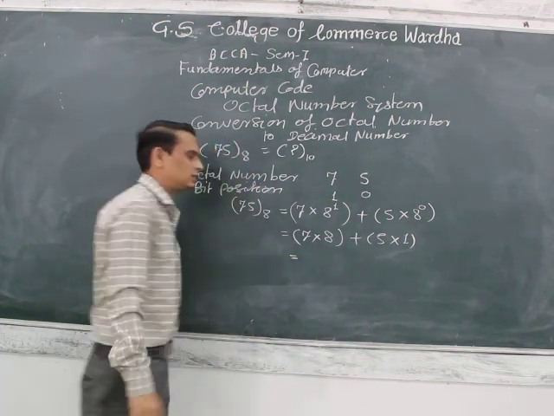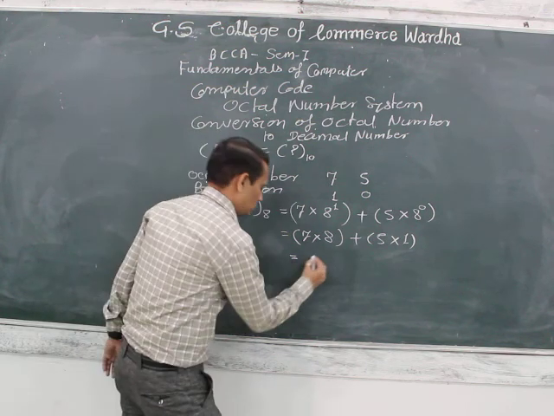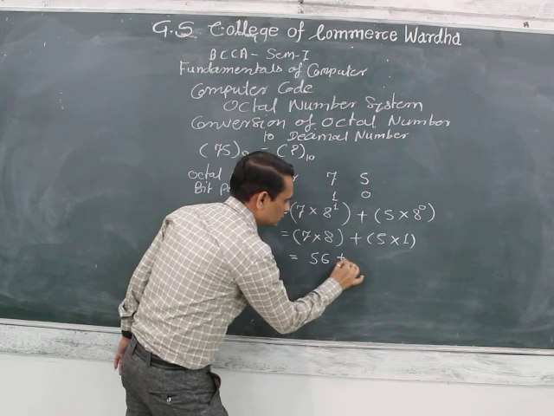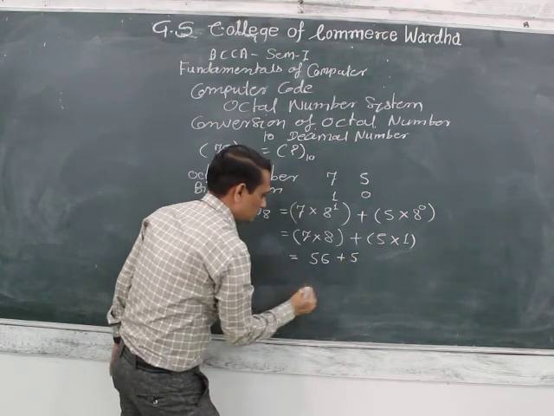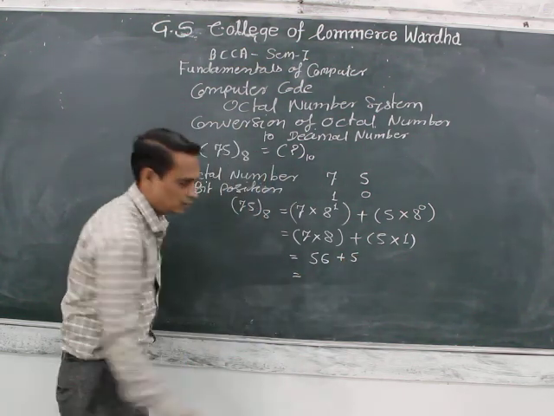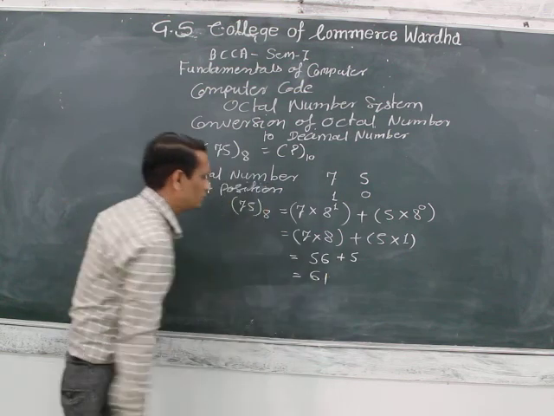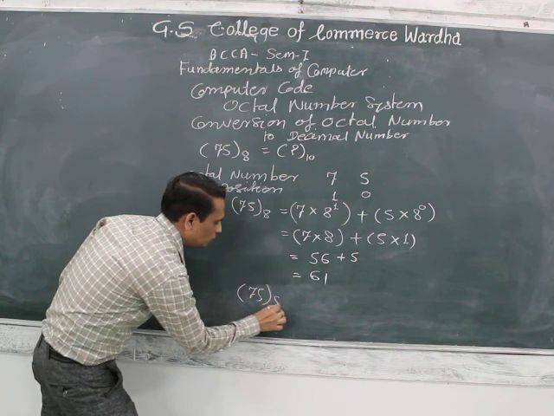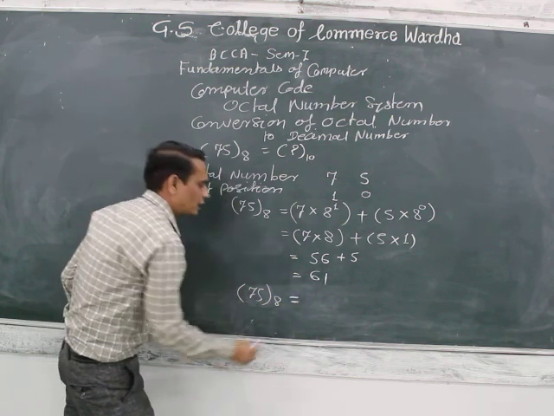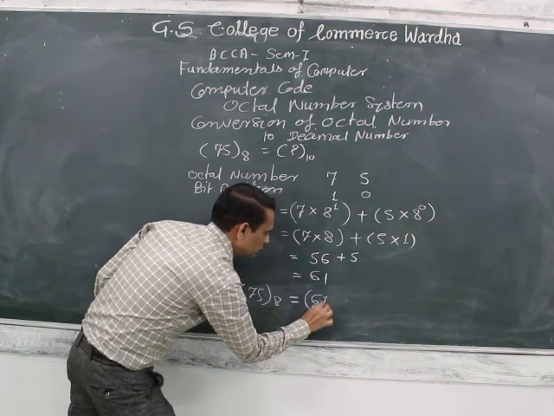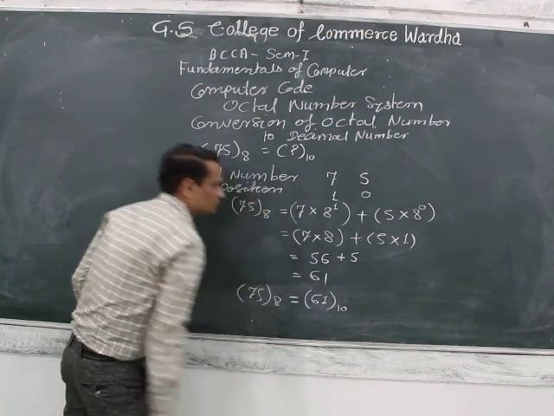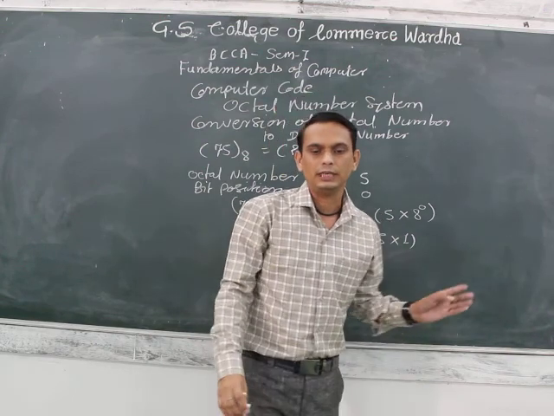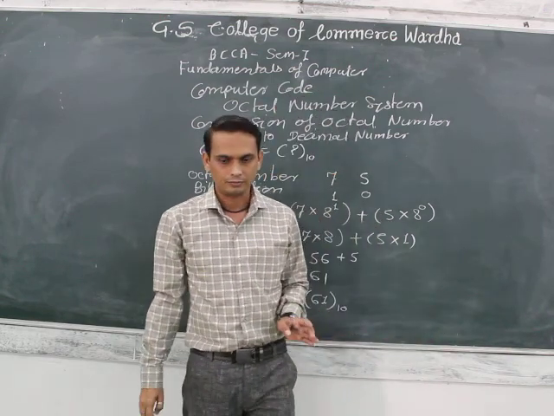Multiplication 7 into 8 is 56, plus 5 into 1 is 5, equals 61. Therefore, 75 octal has the equivalent 61 decimal. This way we can convert an octal number into a decimal number.